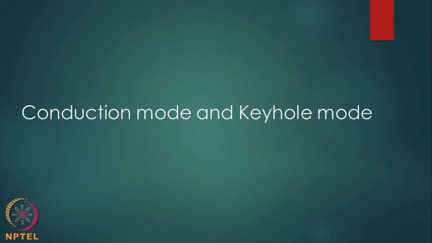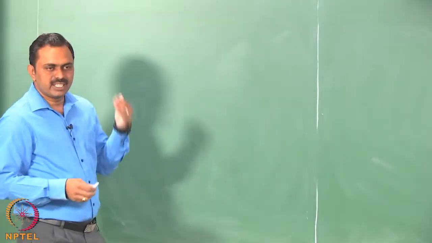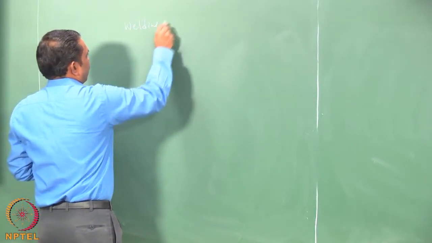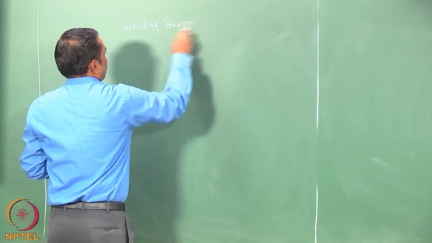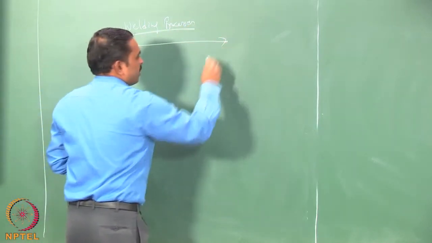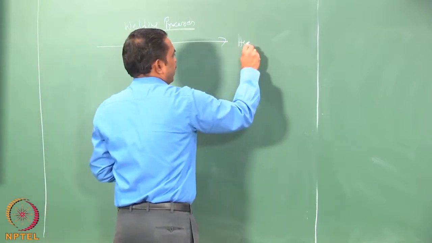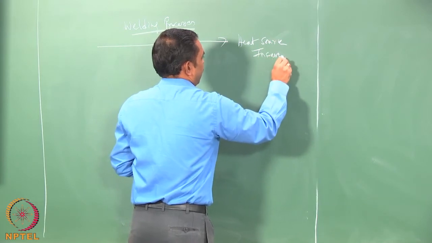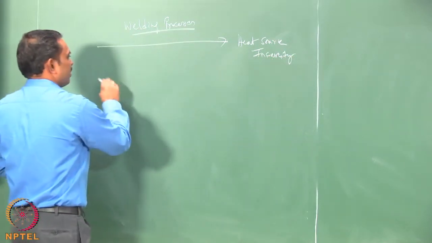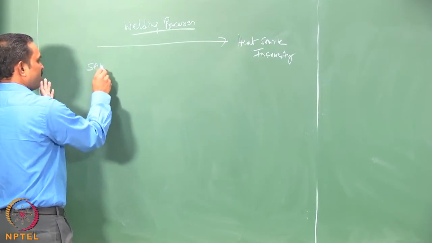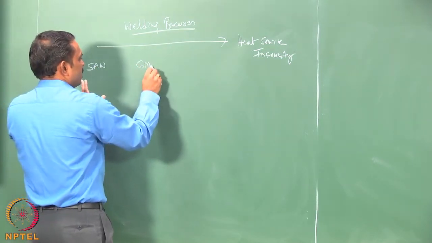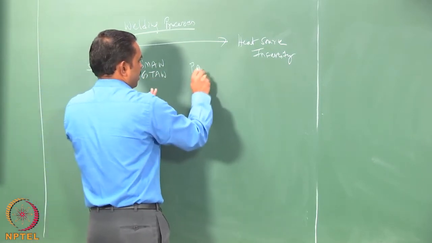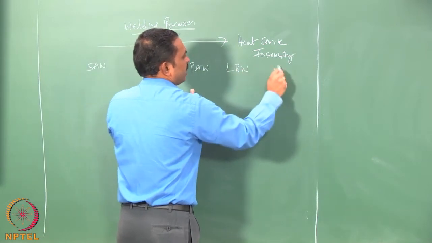So, usually when you have the series of welding processes which we have looked at earlier, and you look at how the heat source intensity is changing, you can see that at the lower end you have submerged arc welding, in the middle GMAW and GTAW, and then plasma, and then LBW, and then EBW.